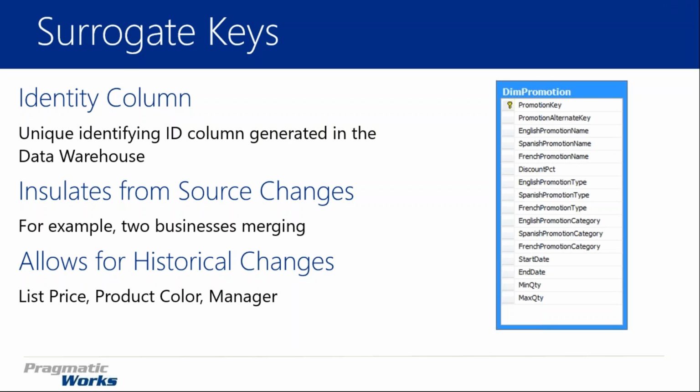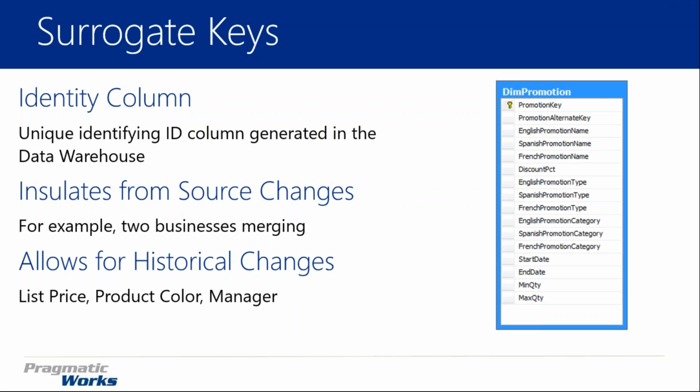Now, the main question around that is why do we create these new keys, these new IDs, instead of using the natural key from the source system? There's a lot of reasons, but there are two main reasons I'm going to talk about in this webinar. The first one is that it insulates you from source changes. For example, if two businesses merge and the natural key changes, meaning it goes from being an integer to maybe an alphanumeric value, that could have significant impact on your dimensional model.